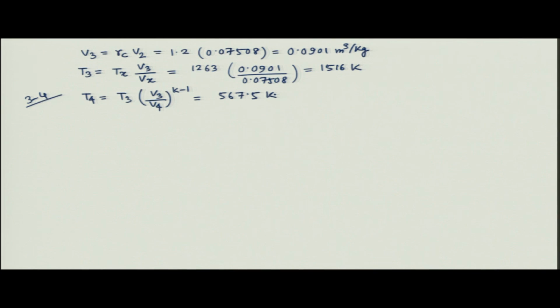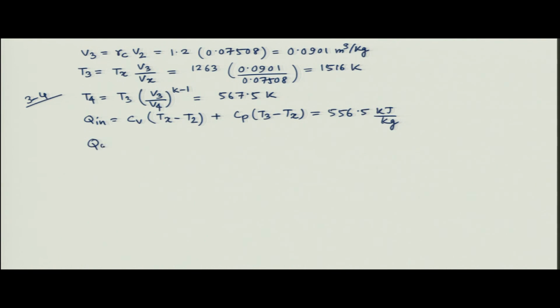So, I am skipping these steps and now I can find what is the Qin. Qin is the amount of heat supplied during this process, which is Cv times Tx minus T2, the constant volume heat addition, plus Cp times T3 minus Tx. Okay. So, if you substitute the numbers you will get it as 556.5 kilojoule per kg. So, I am not writing these numbers again and again.